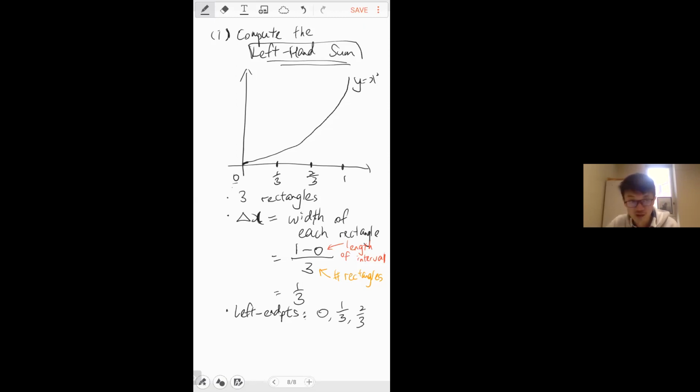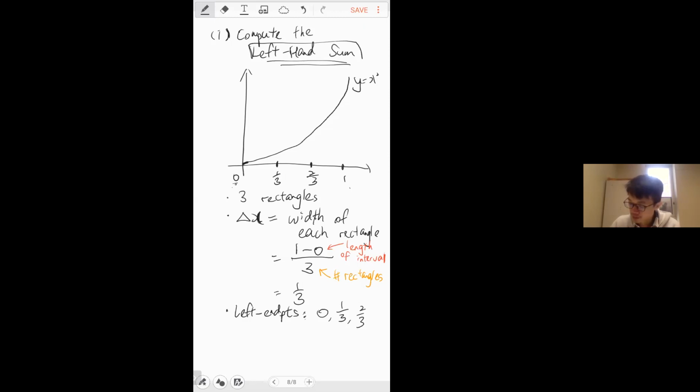And then you are removing the last one. You don't include the last one. Make sense? So left endpoints means you start from the very left, and then you don't include the last one. Is it okay?